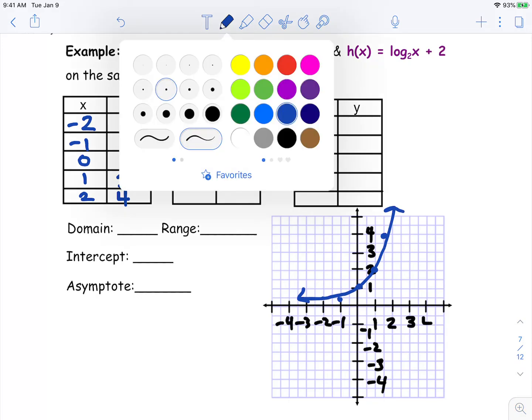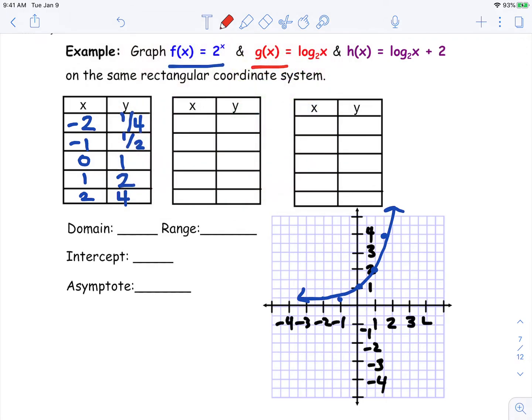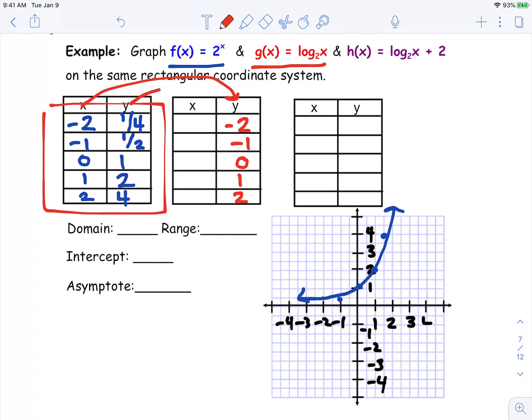Now we're going to graph the logarithm of base 2. So the rule is we interchange these blue ordered pairs. So these are now my y values that were my x's before. And now my y's become x's.